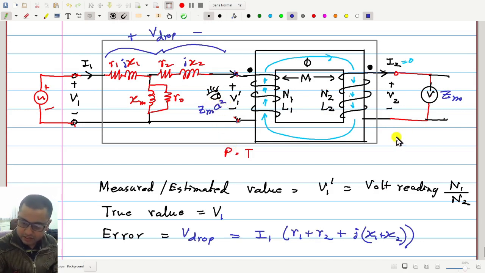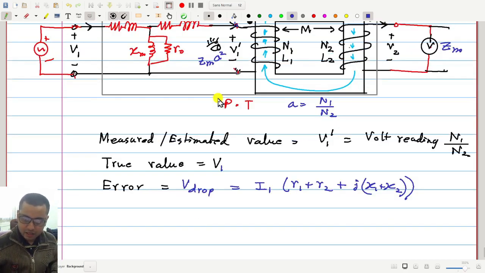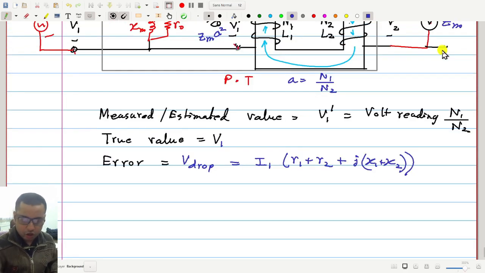This we have seen in our last class. And Zm is also a complex number. Next, let me draw V1 prime.